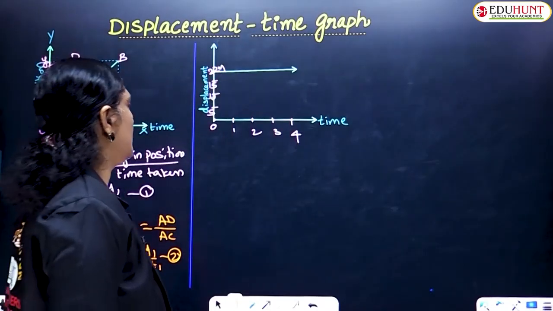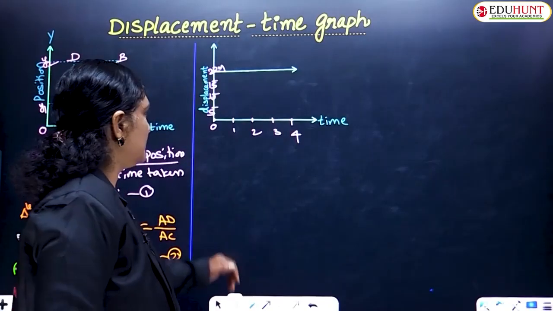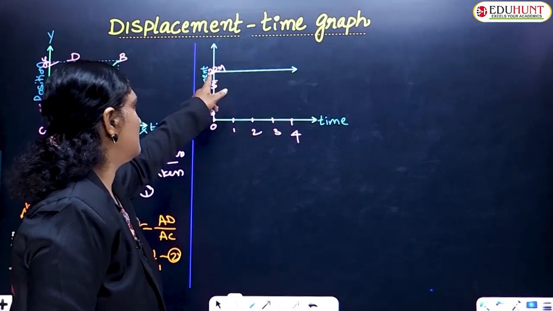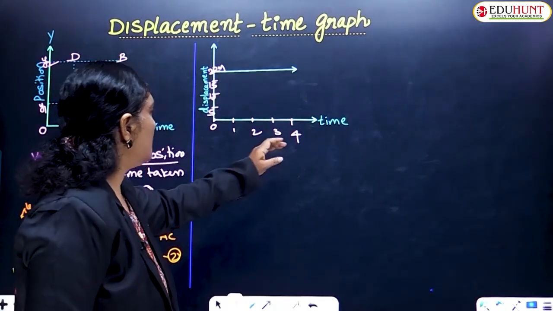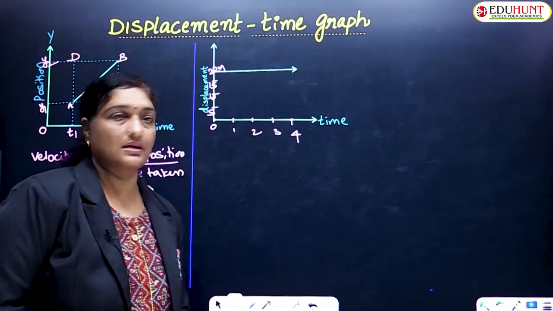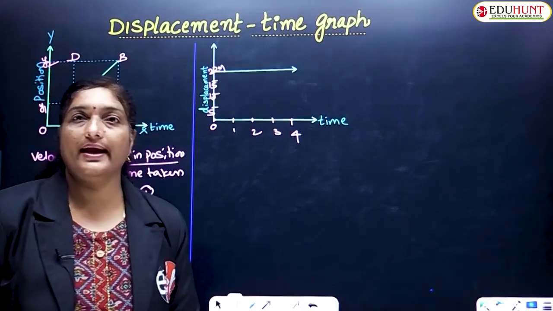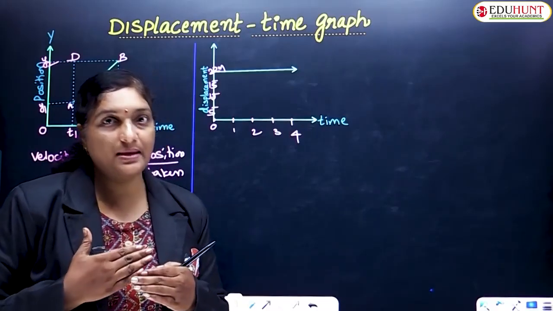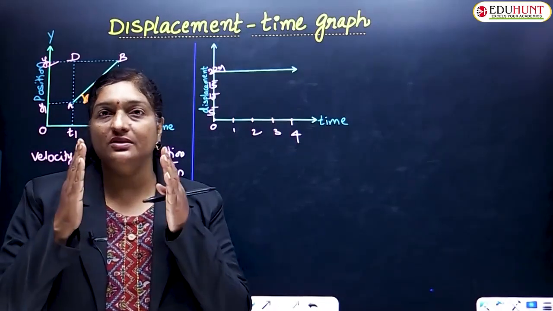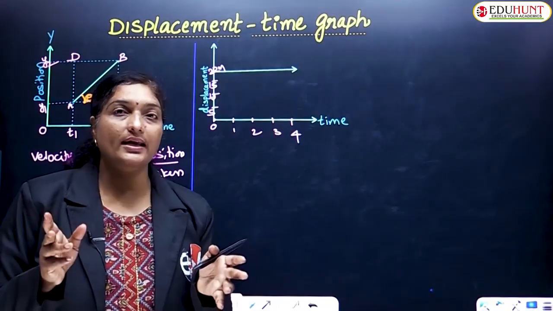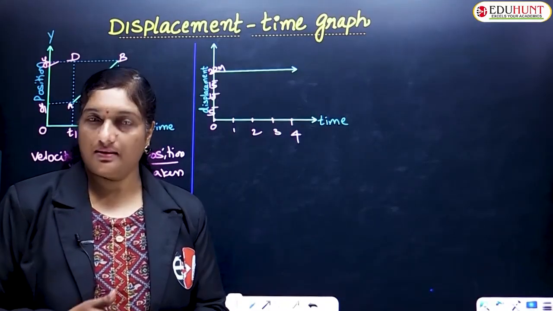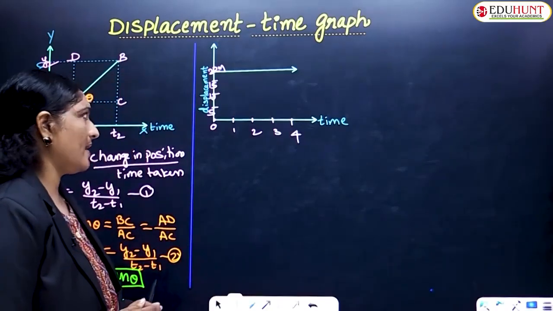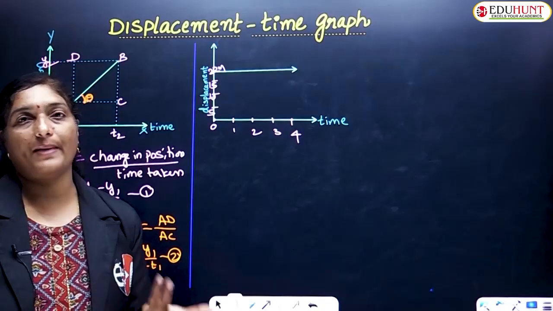As time passes, for 1 second the position was 20 meters. For 2 seconds the position is again 20 meters. At 3 seconds also 20 meters. After 4 seconds again 20 meters. So it is very clear that even though time is passing, the position is fixed. That means the body is not moving with respect to time, its position is not changing with respect to time, and that means the velocity of the particle is 0.